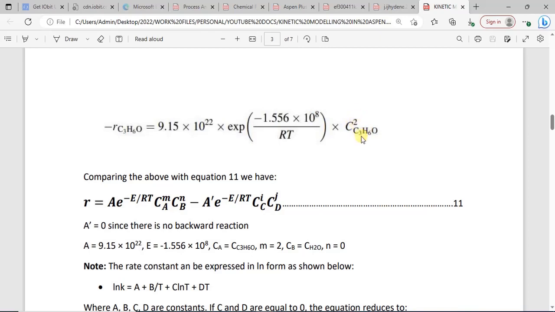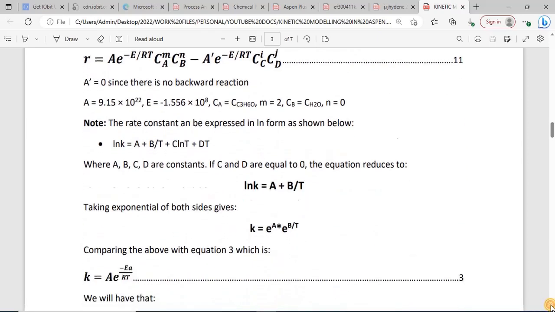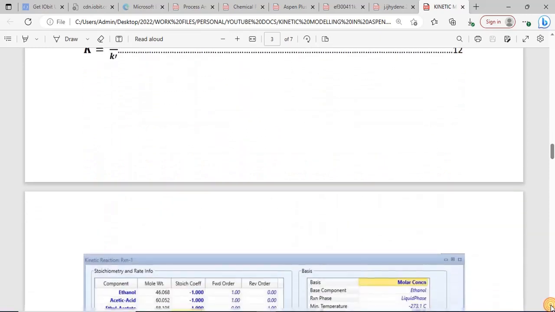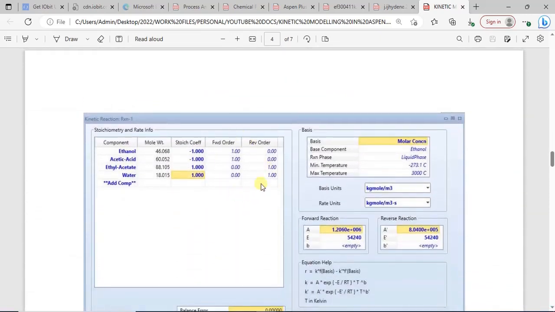So the order of C3H6O in this particular rate expression is 2, and that is what is supposed to be specified in this section. In the forward order, you specify the order of the reactants in the forward reaction, and in the reverse order, you specify the order of the reactants in the reverse reaction. So that is how this works.